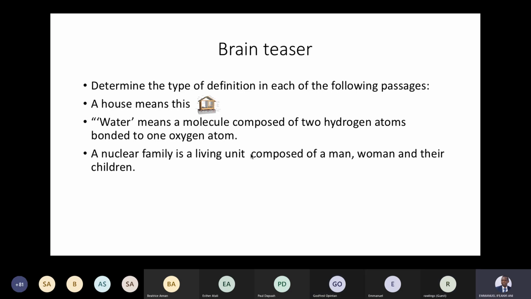Are you sure it's an essential definition? Why do you think it's an essential definition? Because any family made up of a woman, the father and the children is definitely a nuclear family.